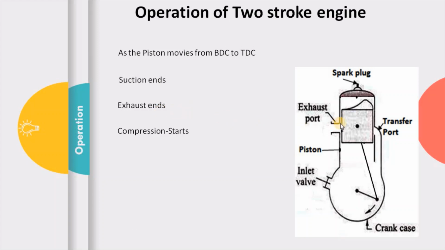And now the compression starts over here. So this is the location corresponding to which the compression process starts, and the compression process ends when the piston reaches the top dead center. So finally the piston reaches the top dead center.